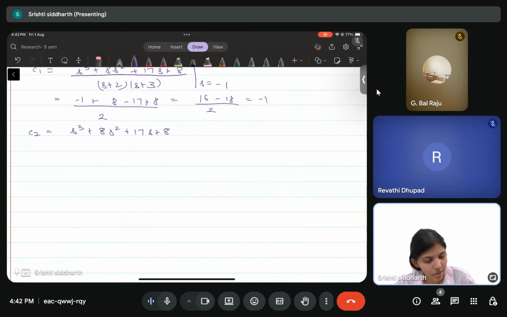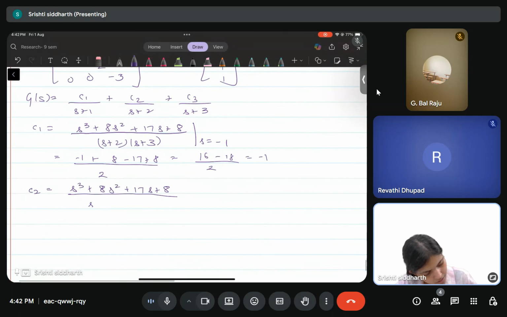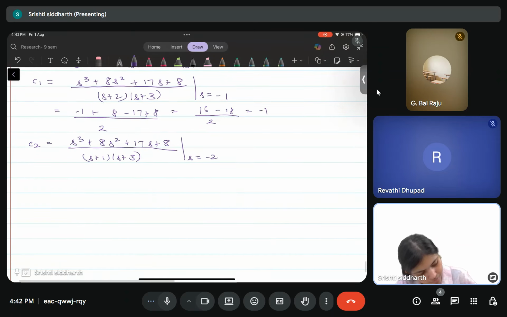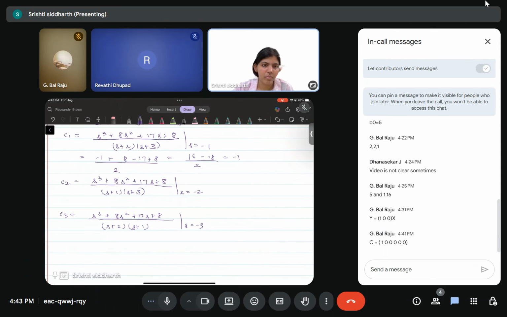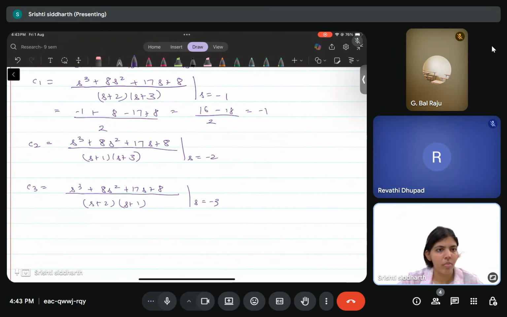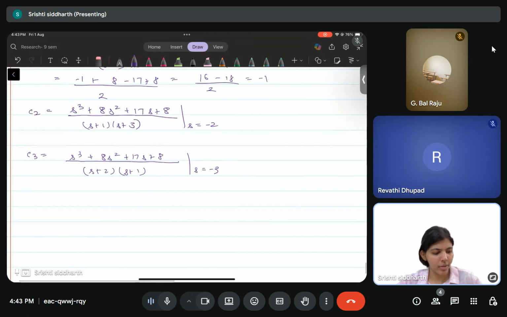So D is plus 1, plus C. When looking at s equals minus 2, it's plus 2 minus plus 1. Okay, so what are C2 and C3? Can you calculate these in a minute?